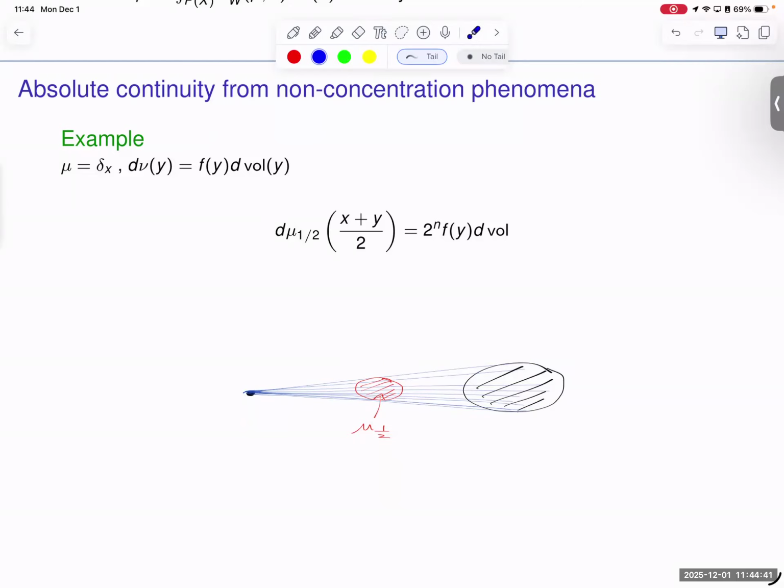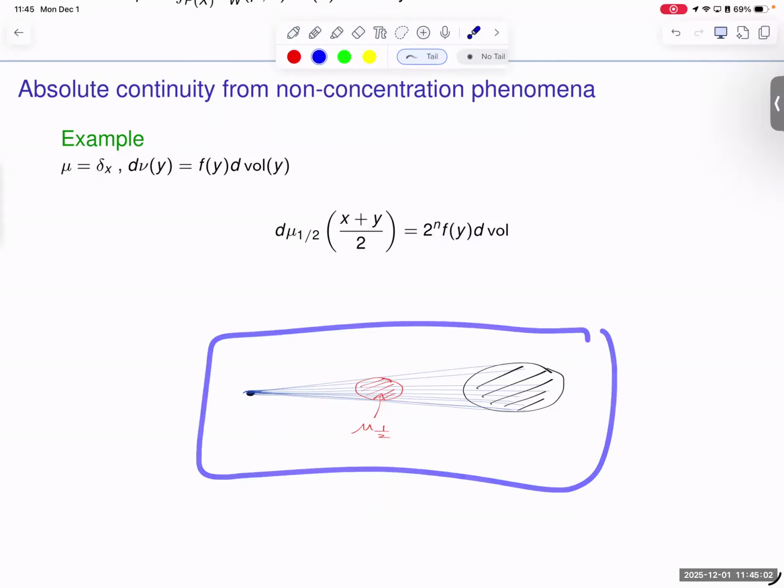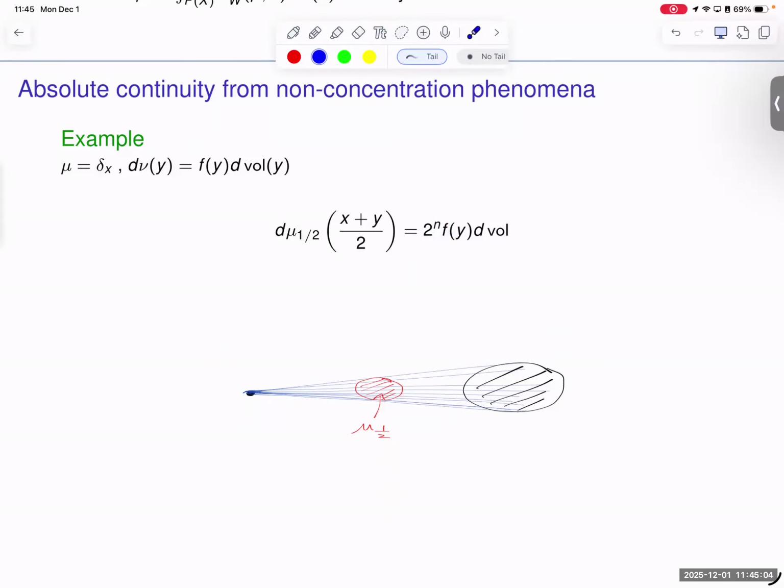For example, if this was just in the middle, then the Lipschitz constant is 2, and then you get a density upper bound given by 2 to the n times the density of the other end. So essentially this is what captures the nature of such absolute continuity when we have two measures.